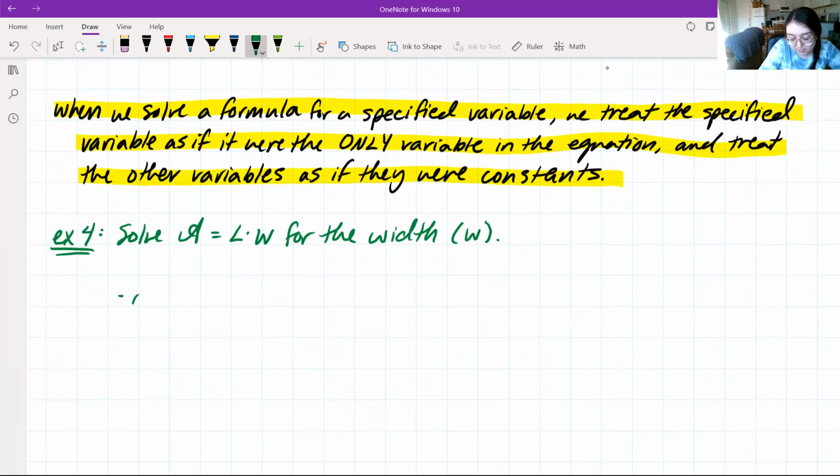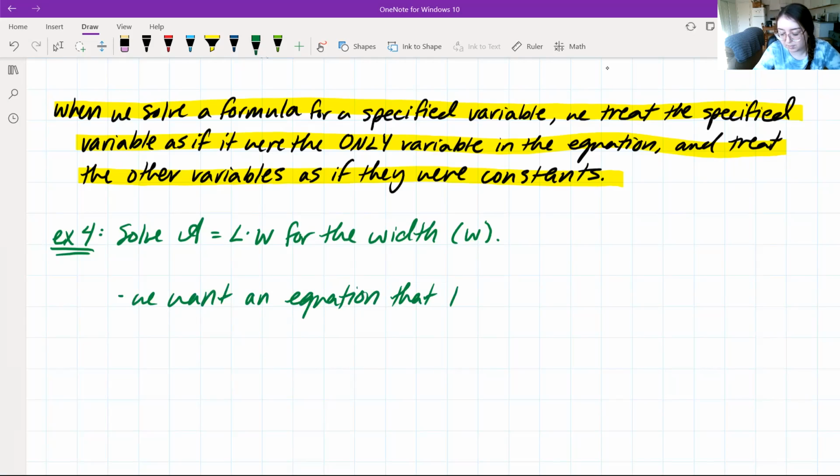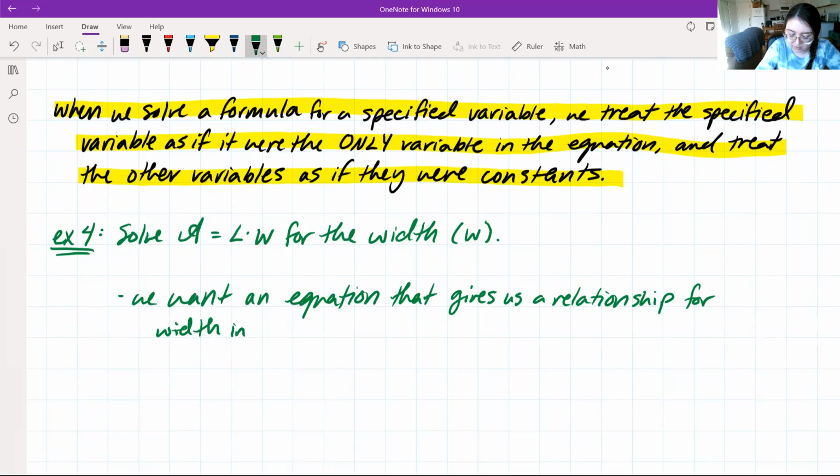So we can go ahead and say that we want an equation that gives us a relationship for width in terms of area and length.